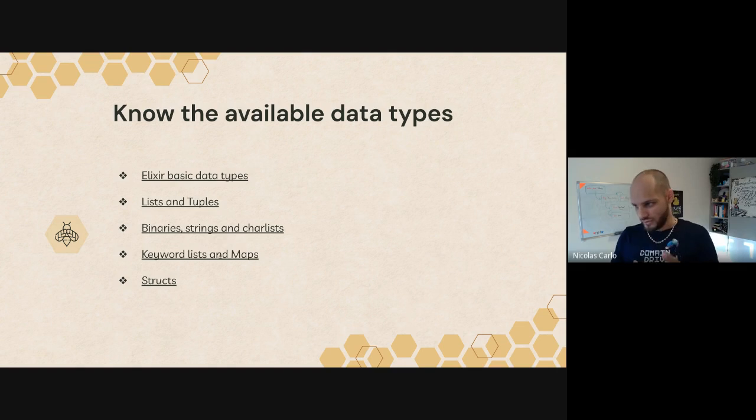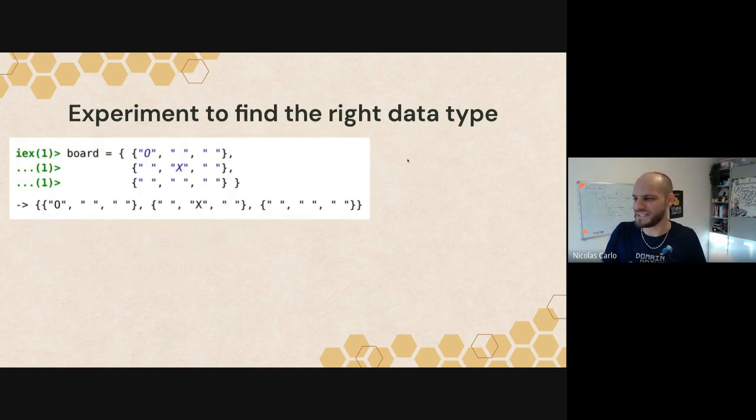So first requirement for you is to know the available data types in Elixir, especially if you're not yet very familiar with the language. The documentation is really good. Spend some time getting familiar with that. In my experience with growing applications, we tend to use a lot of structs, maps also, but structs often become needed.